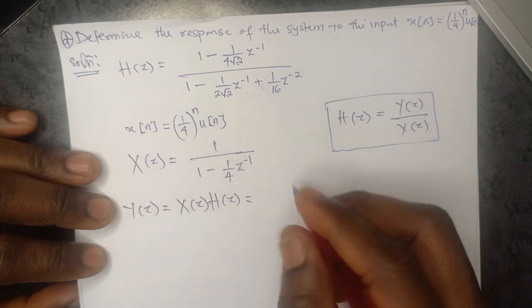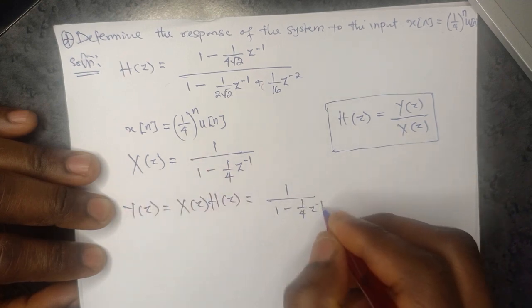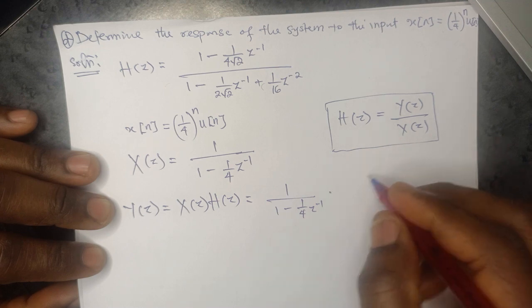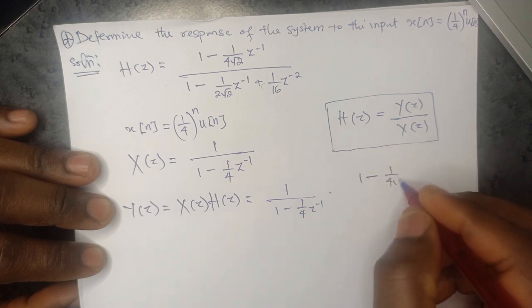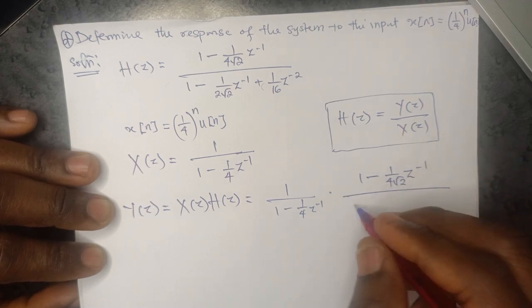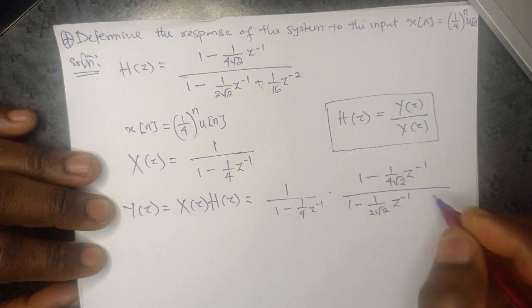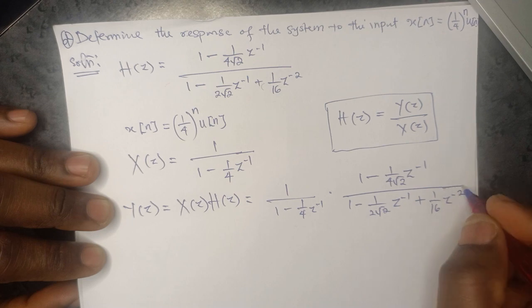So X of z is 1 all over 1 minus 1 over 4 z raised to power minus 1. Then multiply by 1 minus 1 all over 4 root 2 z raised to power minus 1, all over 1 minus 1 over 2 root 2 z raised to power minus 1 plus 1 over 16 z raised to power minus 2.